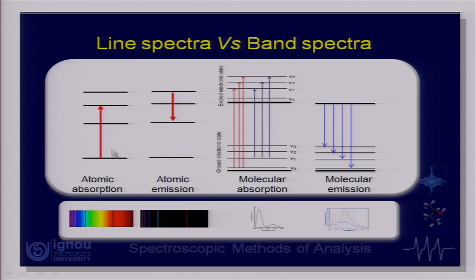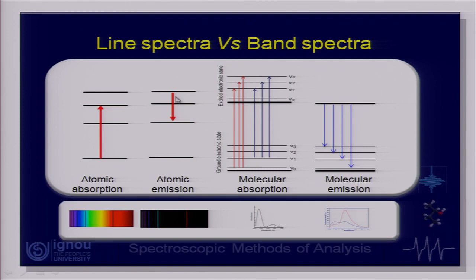So, suppose this is level 1, this is level 2, this is level 3. If I give energy equal to E3 minus E1, that will be absorbed, so that will show up as a line over here. If I go from E1 to E4, that delta E value will be absorbed, so that line will be missing in this case. The point here is that in case of atomic systems, only discrete energies are absorbed, which show up as lines.